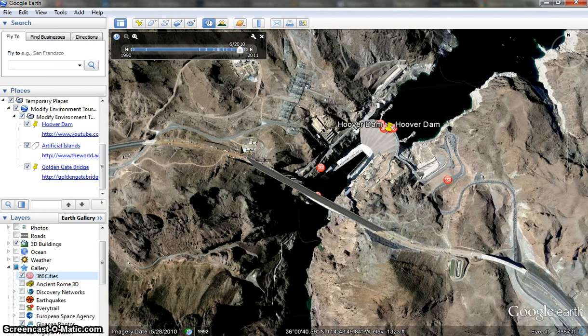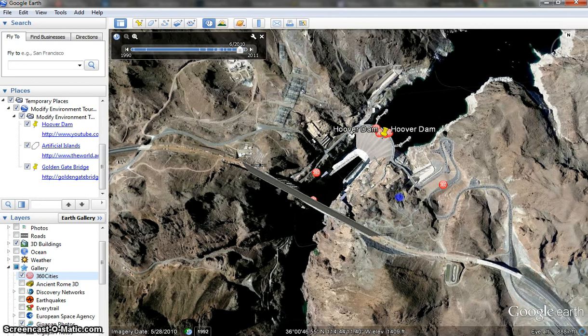And so that's an example of one reason why the structure was made, why we modified our environment, just to make our lives a little bit easier and to reduce the traffic on the Hoover Dam.